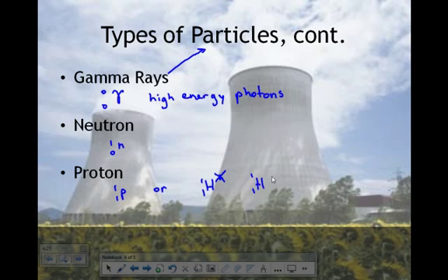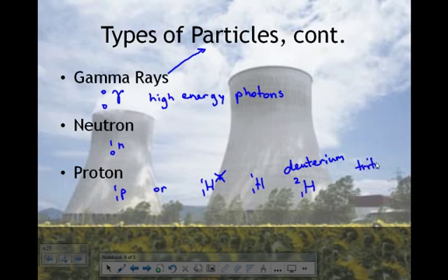In addition to seeing hydrogen, we'll often see things like deuterium, which is called heavy hydrogen, because it's got an extra neutron on it. Deuterium is the hydrogen atom that has 1 proton, but because it has a neutron as well, it has a total mass number of 2 instead of 1. And then tritium is another common isotope of hydrogen.